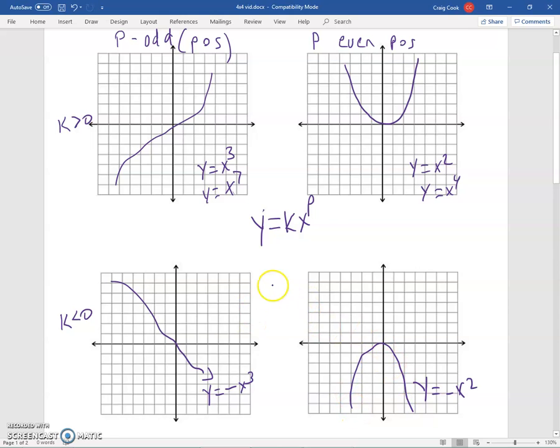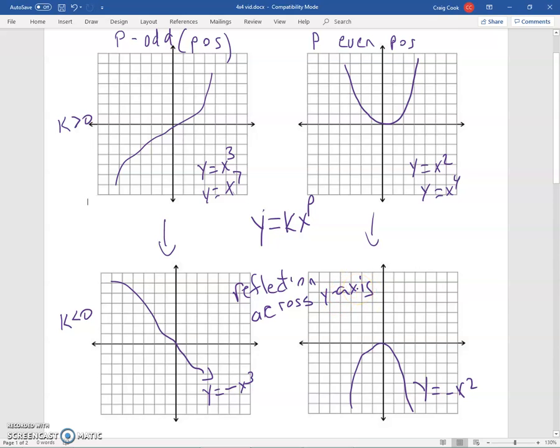And in both of these cases, when we went down from there to there, this was a reflection across the y-axis.